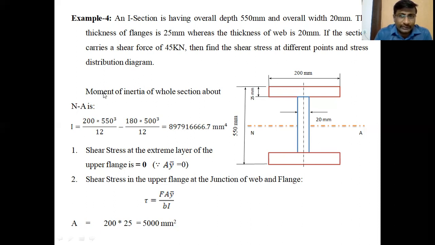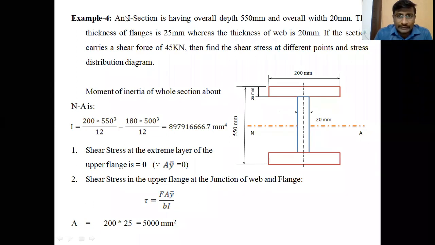Before going to find the shear stress values, we should know the moment of inertia I of this section about the neutral axis. How to find it? By assuming the whole figure as a rectangle, for example, by drawing the lines at this place.